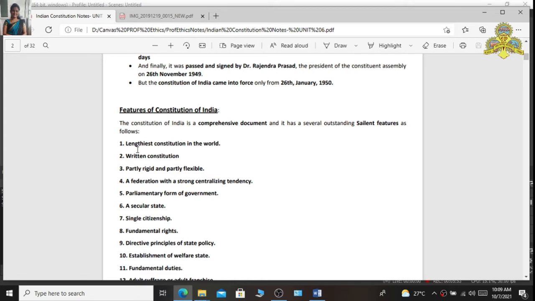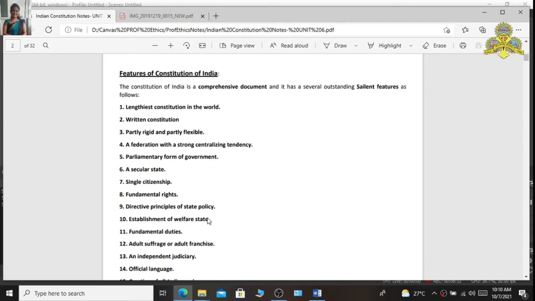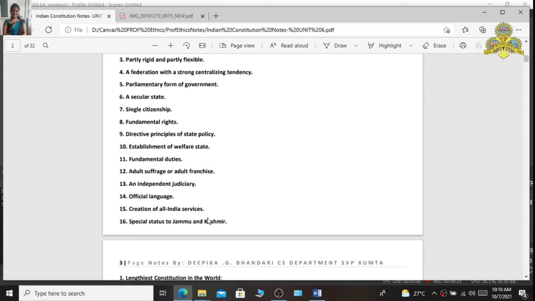A federation with a strong centralizing tendency, parliamentary form of government, a secular state, single citizenship, fundamental rights, directive principles of state policy, establishment of welfare state, fundamental duties, adult suffrage, an independent judiciary, official language, special status to Jammu and Kashmir.